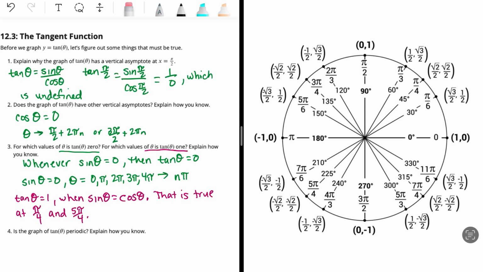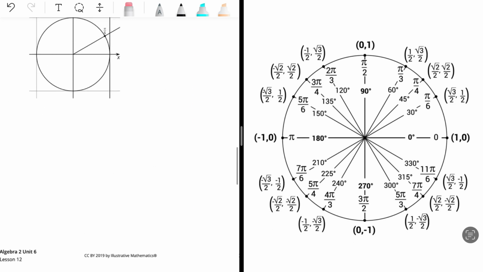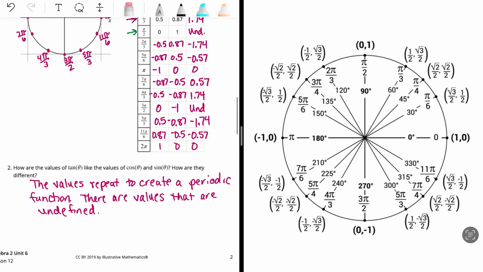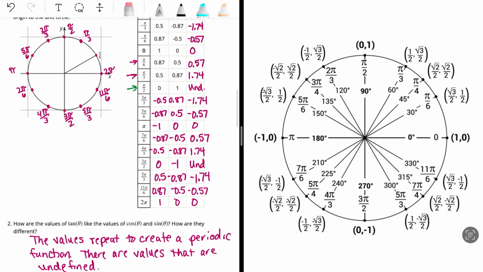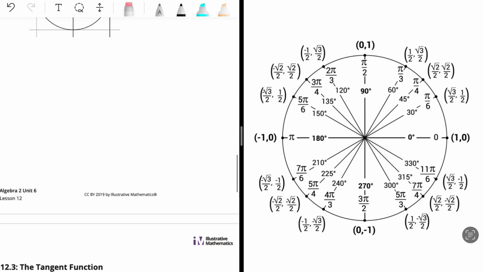Is the graph of tangent of theta periodic? Remember that periodic means that it keeps repeating that same pattern over and over. And so, yes, it does. We saw that in our table up here. It kept following that same pattern.